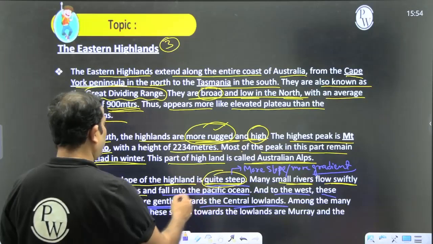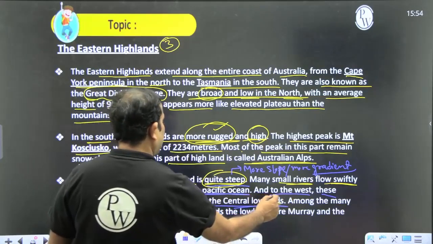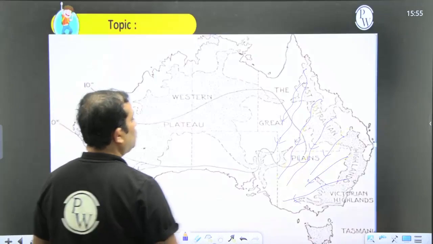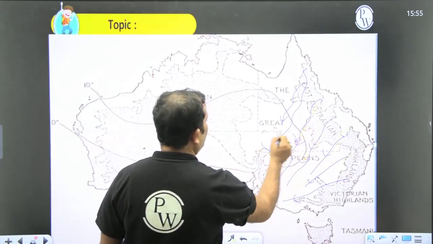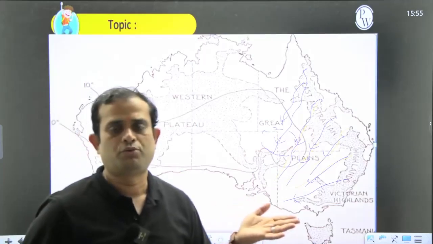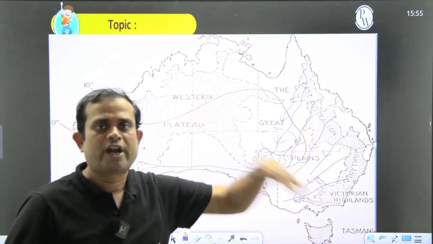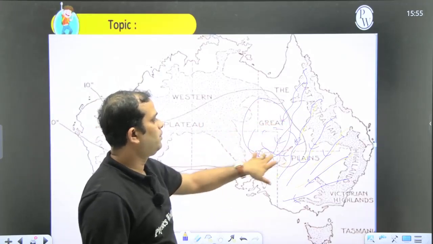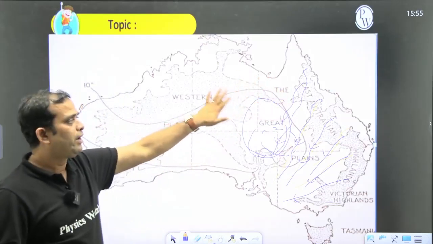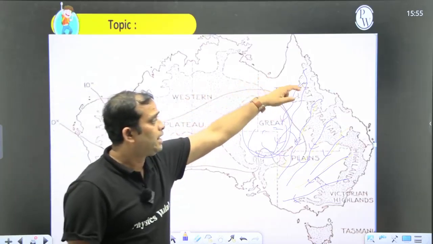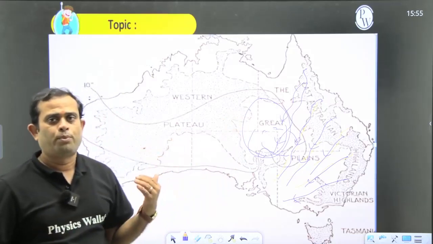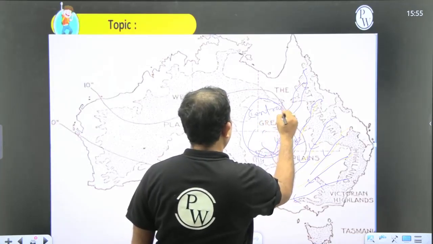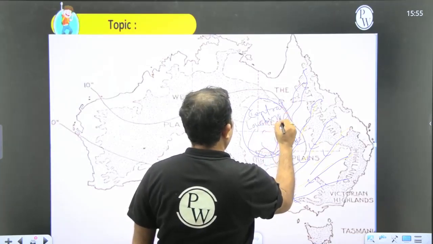Here we can make a conclusion: the eastern highland slopes more steeply, while the western side slopes downward towards the central lowland.